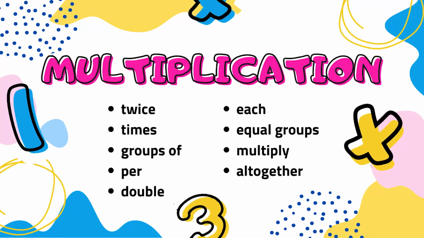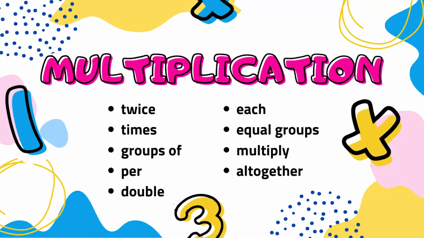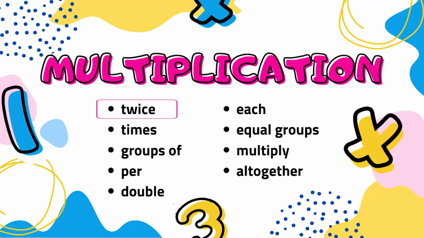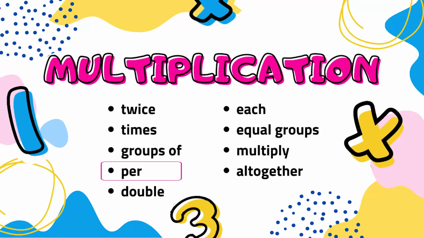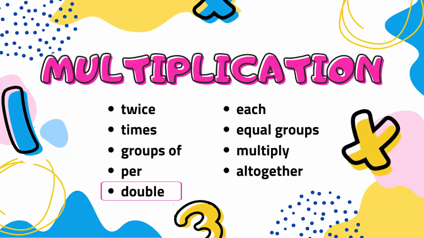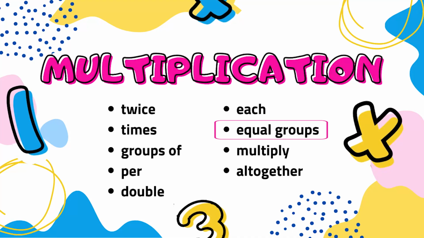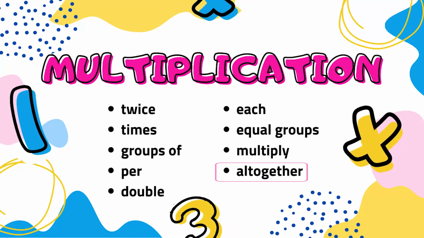Now, repeat after me as I read each word that describes or implies multiplication. Twice, times, groups of, per, double, each, equal groups, multiply, all together. Awesome!